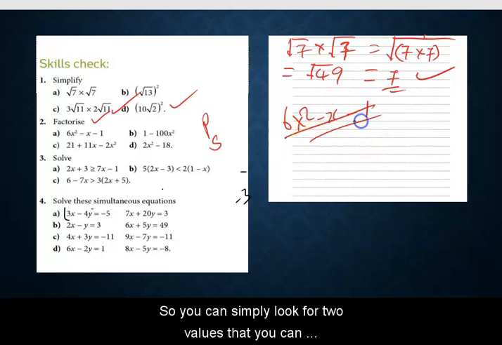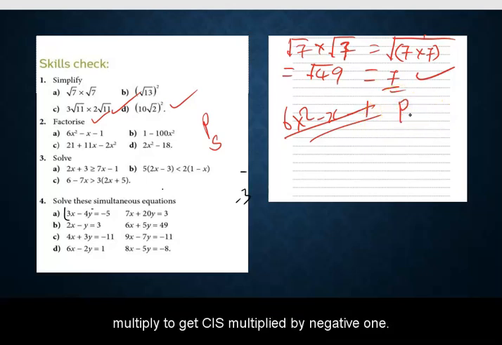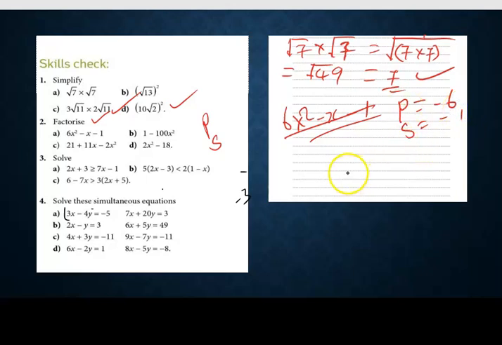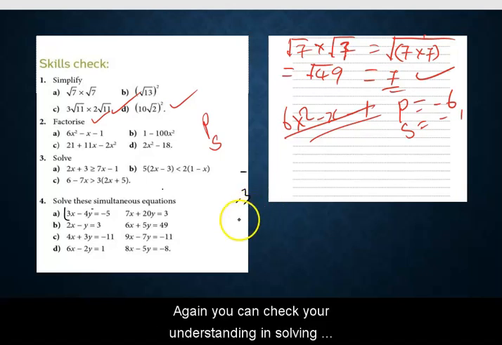You simply look for two values that you can multiply to get 6 multiplied by negative 1, which gives you negative 6, and the sum must be equal to negative 1. Do that. Conceptual understanding. This is what we did in IGCSE. Again, you can check your understanding in solving simultaneous equations.